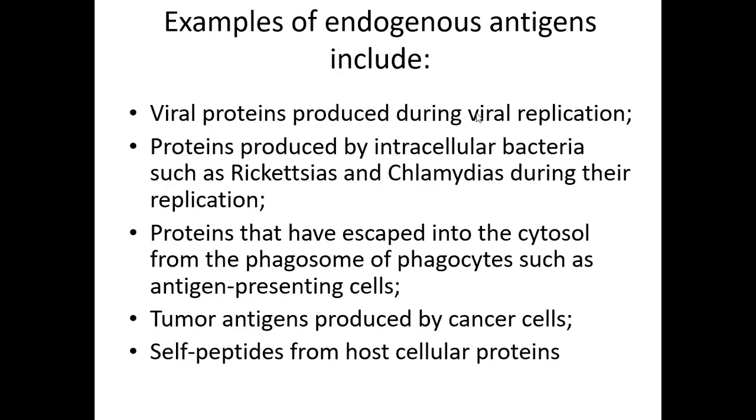Examples of endogenous antigens include viral proteins produced during viral replication, proteins produced by intracellular bacteria such as Rickettsia or Chlamydia during their replication, proteins that have escaped into the cytosol from the phagosome of phagocytes, such as antigen-presenting cells, tumor antigens, and self-peptides from the host cellular proteins.